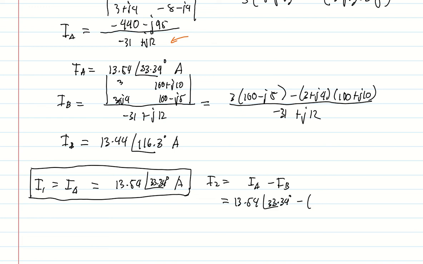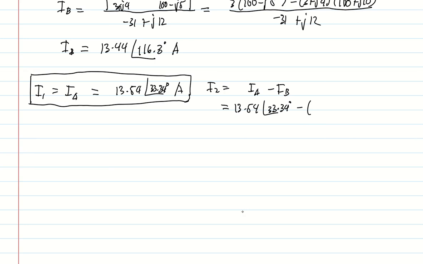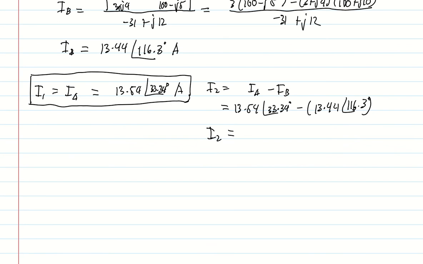Then we subtract IB. IB is 13.44 with the angle of 116.3 degrees. So I2 will be equal to 17.87 angle negative 14.94 degrees.